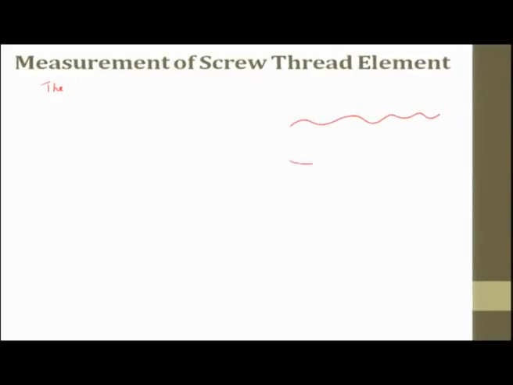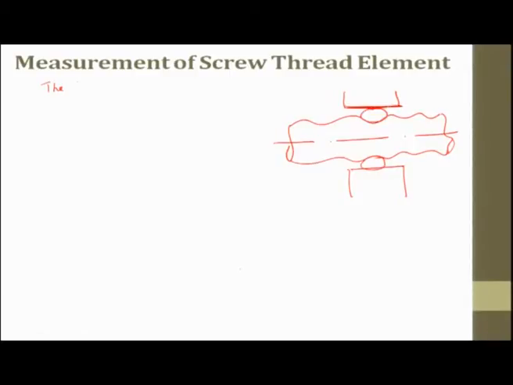When we take a 2 wire method, you keep one wire, and on the opposite side you keep one wire, and then we put the screw gauge, and here it is a perfect contact.